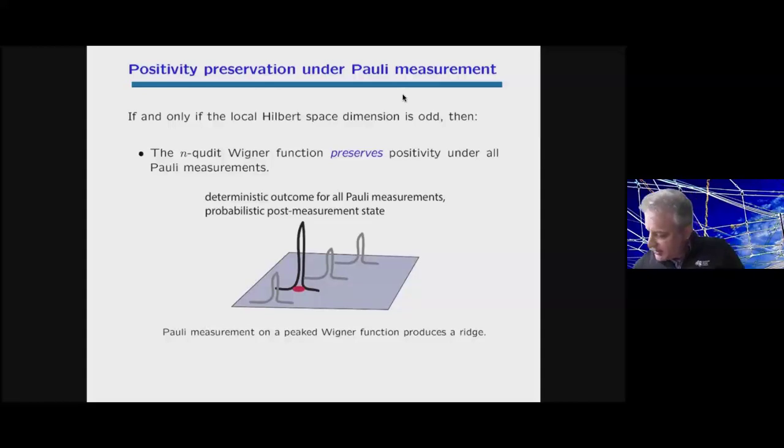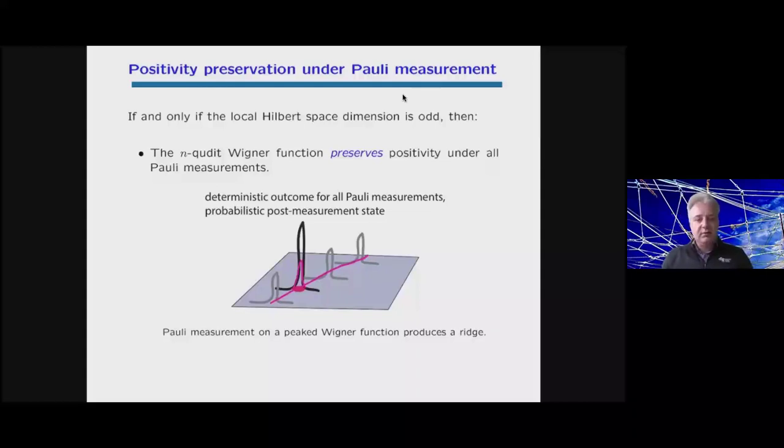What we get as the post-measurement state is this ridge. The Wigner function is non-zero only on a line in phase space, and it remains positive everywhere. Also, these peaks all have the same height along the entire line. So positivity preservation under Pauli measurement is another important property of the Wigner function.